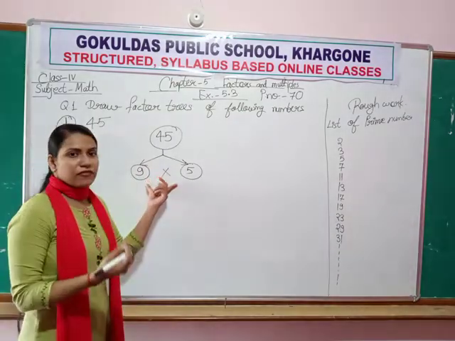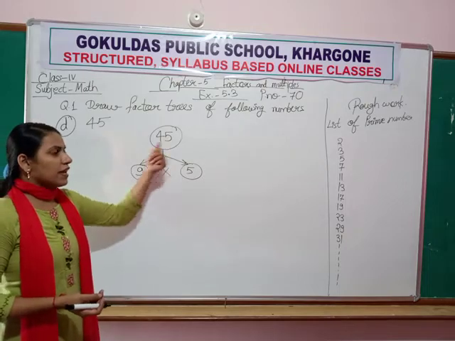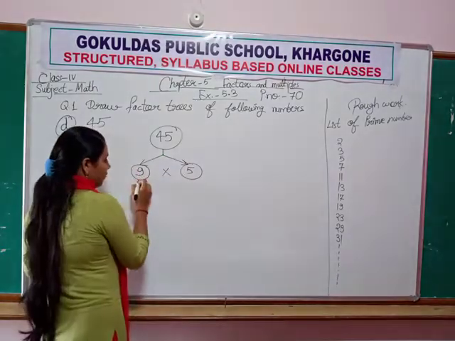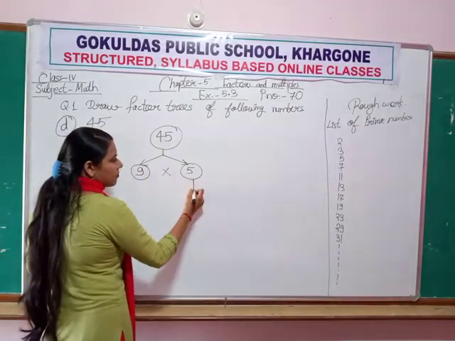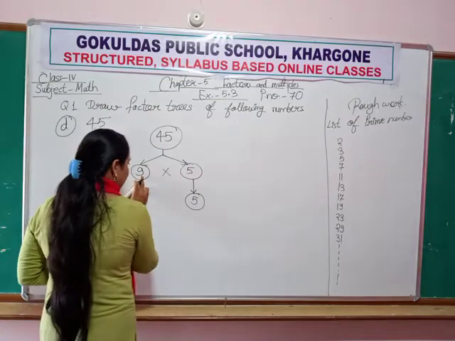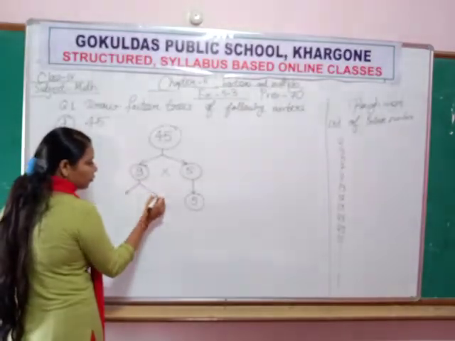The pair of 9 and 5 gives us a product of 45. So I choose 9 and 5. Okay. Now 5 is a prime number, so bring it down as it is.